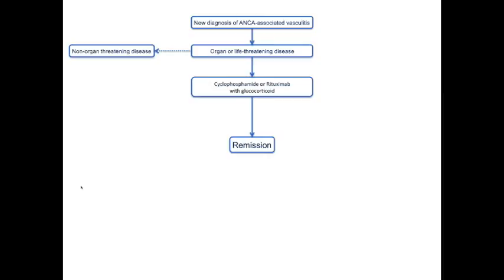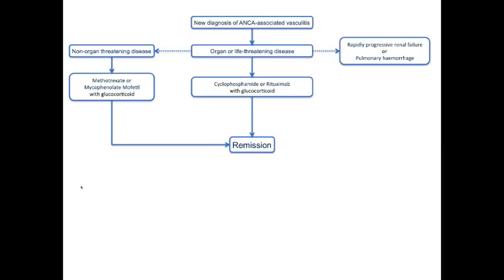Remission is achieved. There is a small group of patients who have non-organ threatening disease who may receive methotrexate or mycophenolate with glucocorticoids. And then there's a severe group who've got rapidly progressive renal failure or pulmonary hemorrhage, who should be considered for plasma exchange in addition to induction therapy.